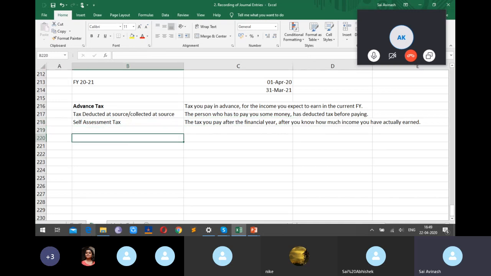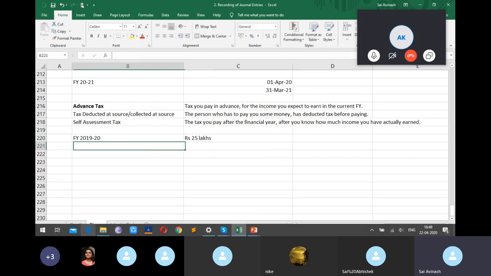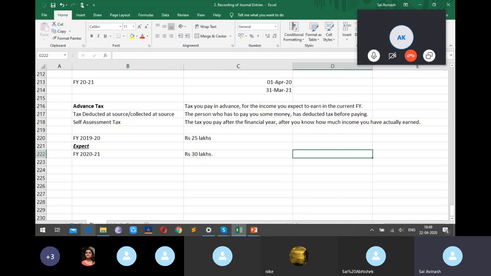Let us say we have started the financial year, and in financial year 2019-20, I earned rupees 25 lakhs. I expect that in financial year 2020-21, I'll earn rupees 30 lakhs. This is an expectation.